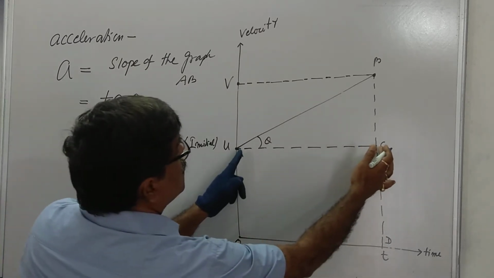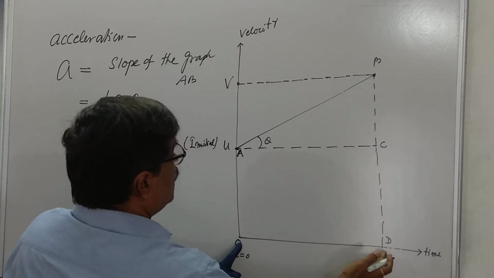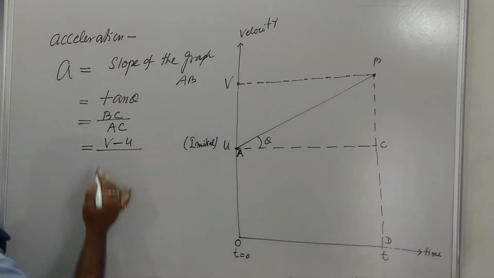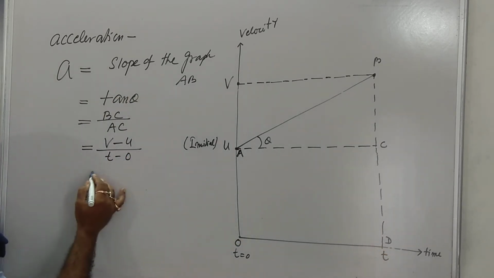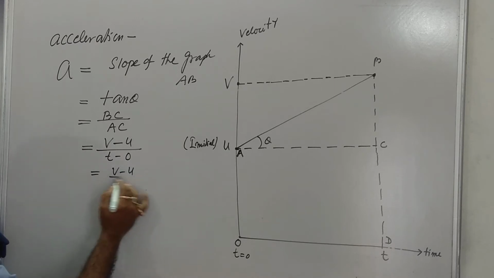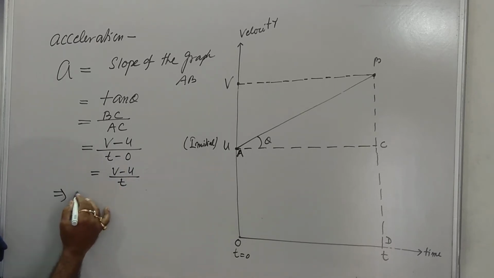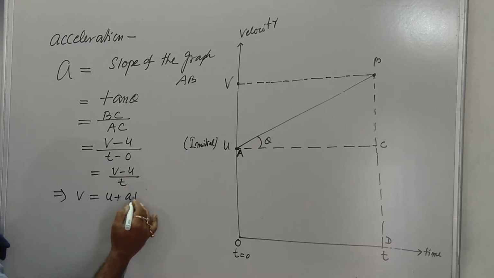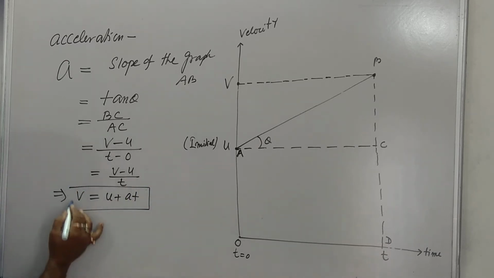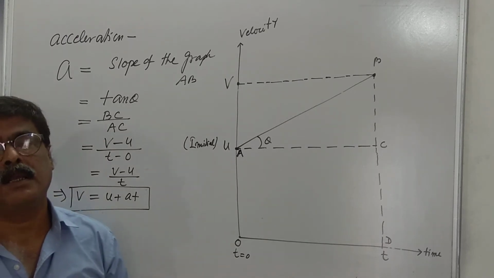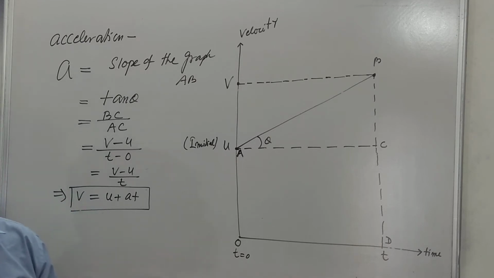And AC is equal to t, that is t minus 0. Finally a is equal to (v minus u) by t, and our answer becomes v is equal to u plus at. This equation is known as the velocity time relation in uniformly accelerated motion.